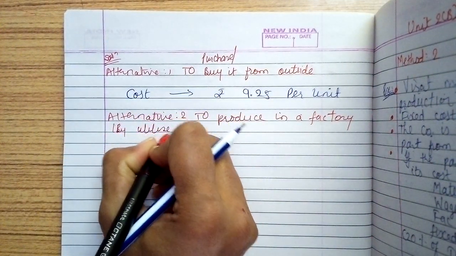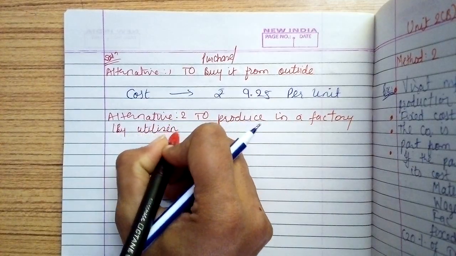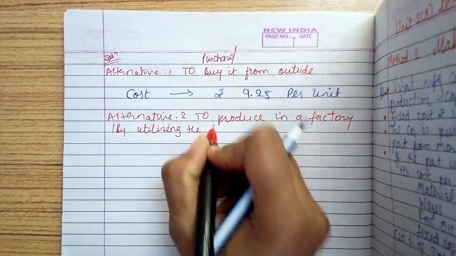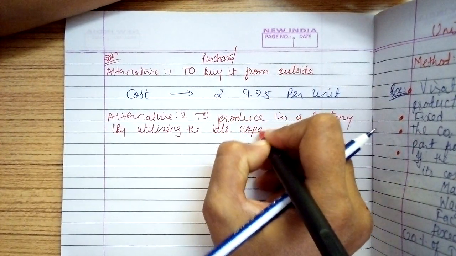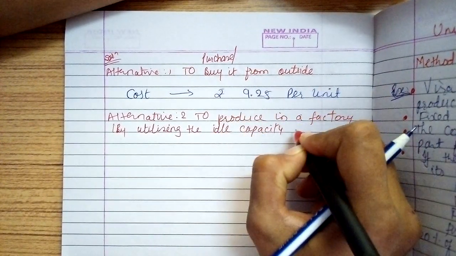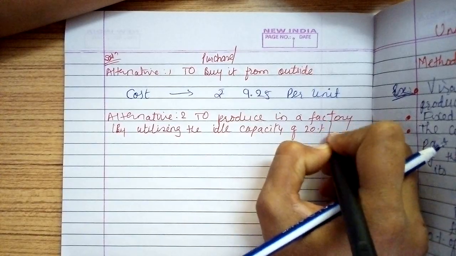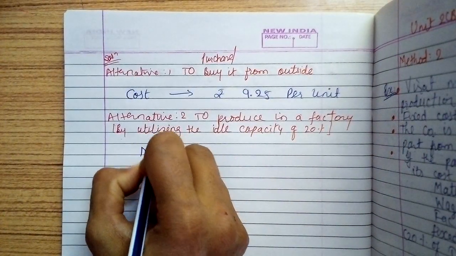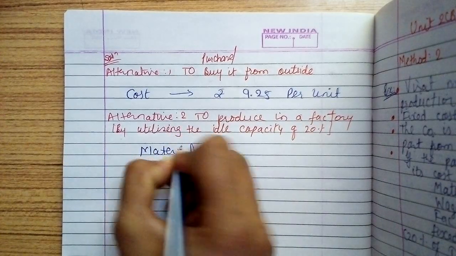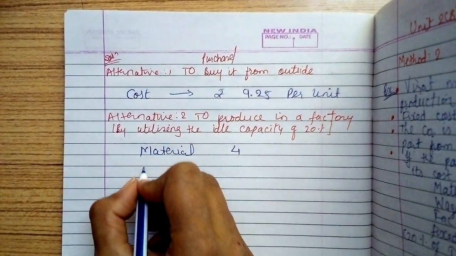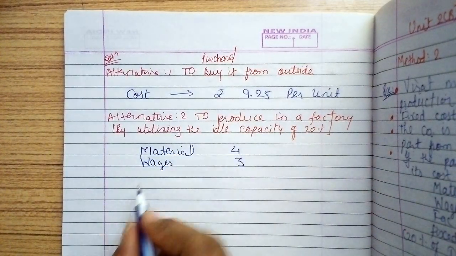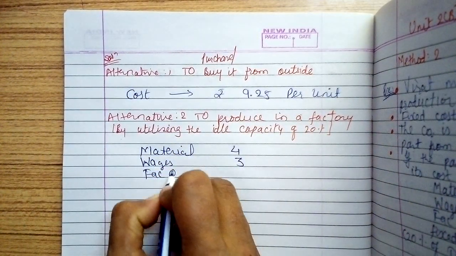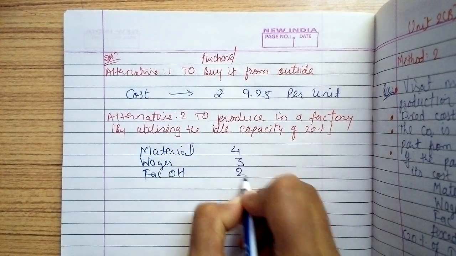Just for your understanding, by utilizing the idle capacity of 20%, we can get the cost like this: material 4 rupees, wages 3 rupees, and factory overheads 2 rupees.